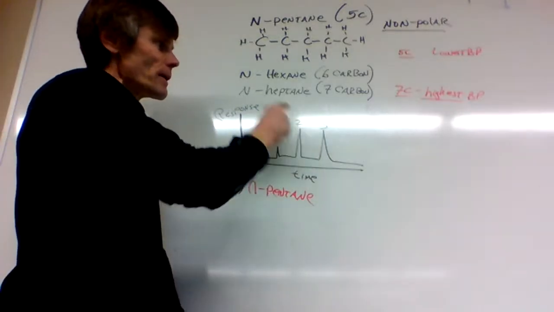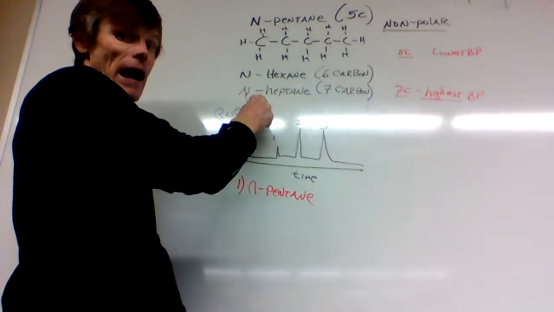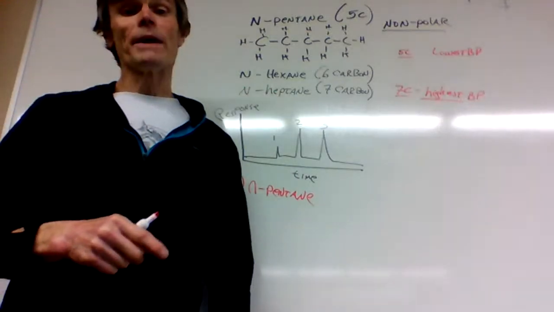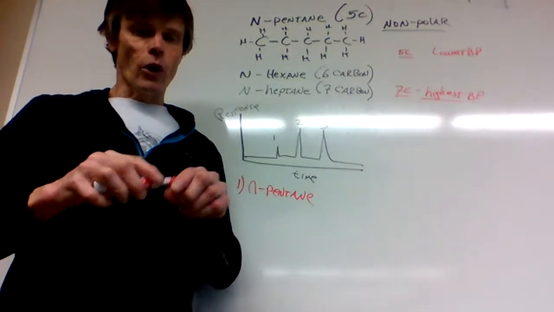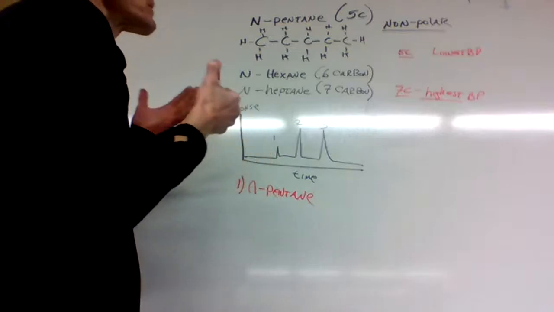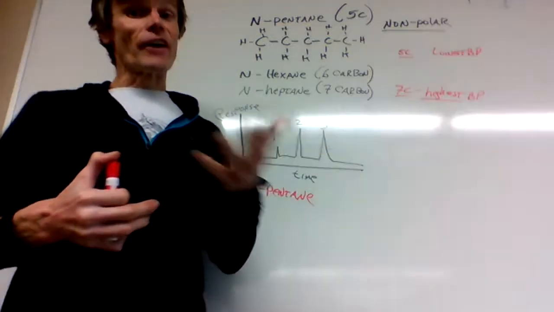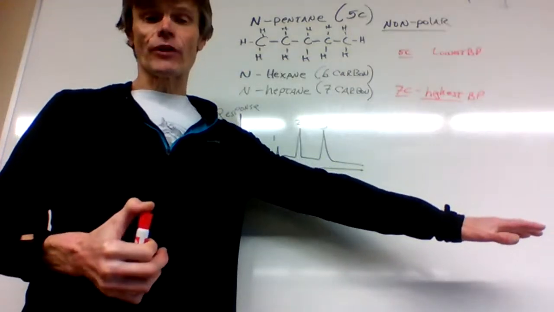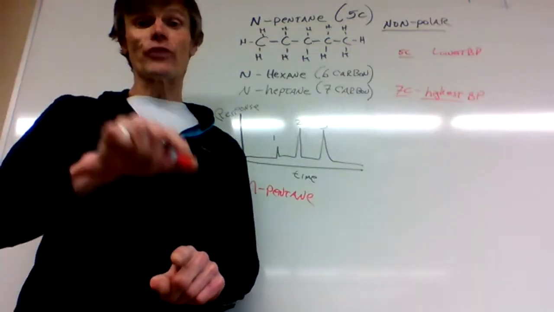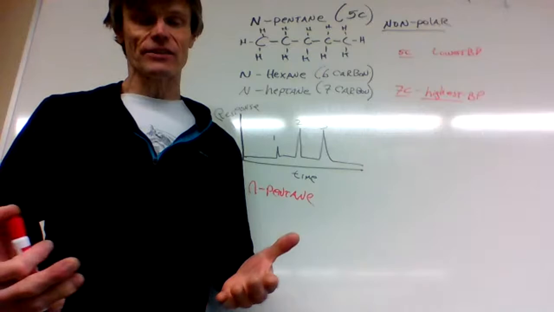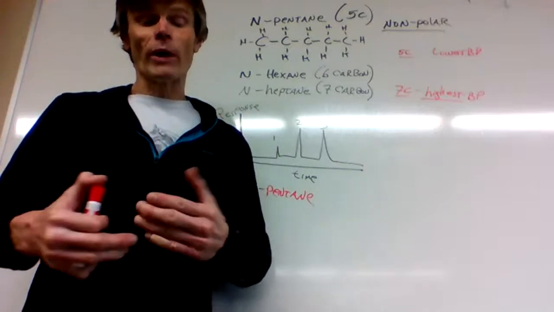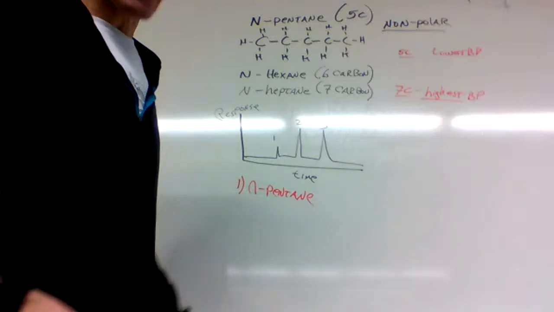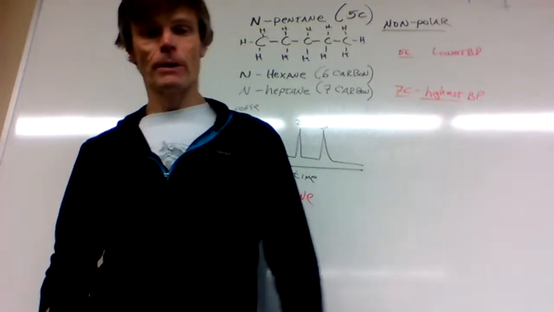The third one is the heaviest because it will have the highest boiling point. And number 3 will be our N-heptane. So when all things are constant, all of our samples are nonpolar, regardless of the nature of the column, what we use for separation for gases is differences in boiling points. So that's an important feature for gas phase chromatography.